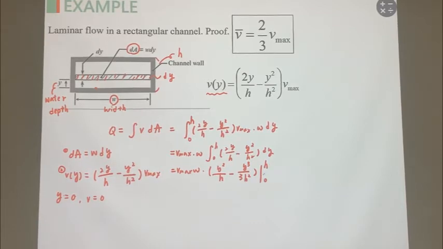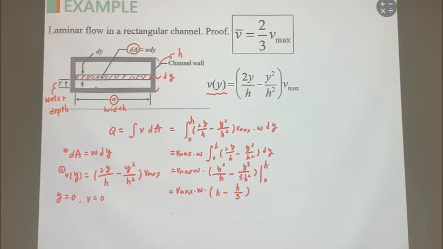Simply, you don't need to consider the 0 condition because when you put 0 inside, there is nothing. So we only consider h. Finally, you have V maxima multiplied by width, and I put h inside: h minus h over 3.